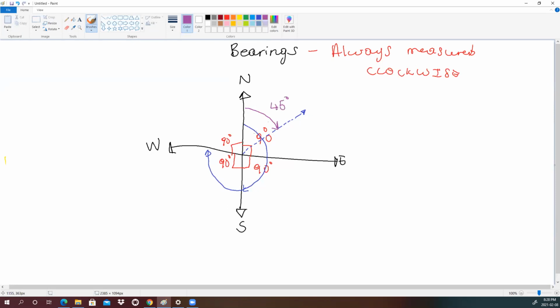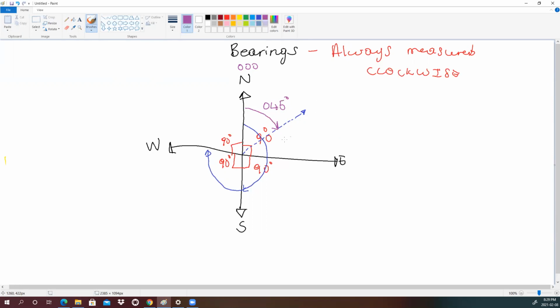We don't just write it as 45, we write it as 045, because it's coming out of 360. So it must always have three digits. North is 000. Halfway between is 045, and then you'd have your 090 right here.